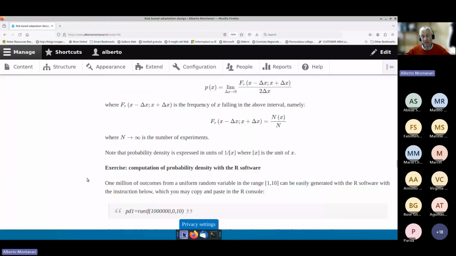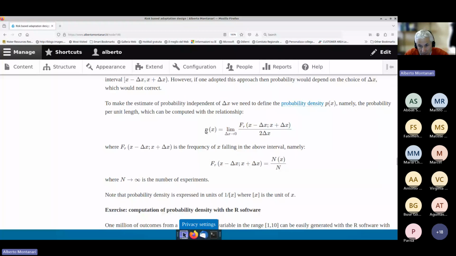Here, probability density, lowercase p, is defined by dividing the frequency by the length of the interval. If I want to get the cumulative probability, which is the probability of non-exceedance, what should I do then?